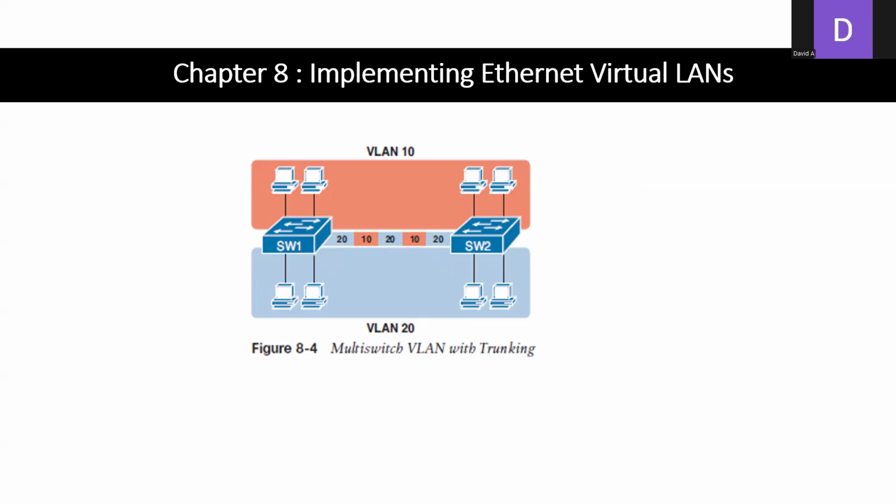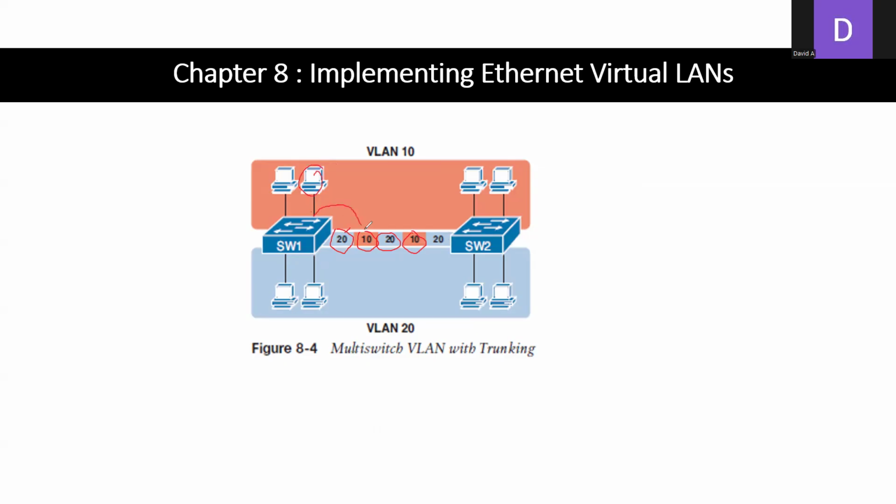So now let's talk about tagging. We spoke earlier about what the switch does whenever it's sending a frame out of that trunk. We see VLAN 10, VLAN 20, VLAN 20, VLAN 10. This is what it looks like as far as tagging. Think of these as frames. Let's say it came from this PC, it's coming from VLAN 10.